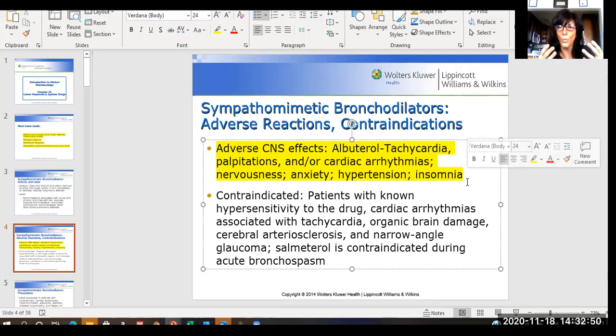And so you want to make sure that the patient's aware of that, because if they start taking their albuterol and they're like, oh, I can't take that drug, I get so nervous and I can feel my heart beating. Yep, that's what happens, right?